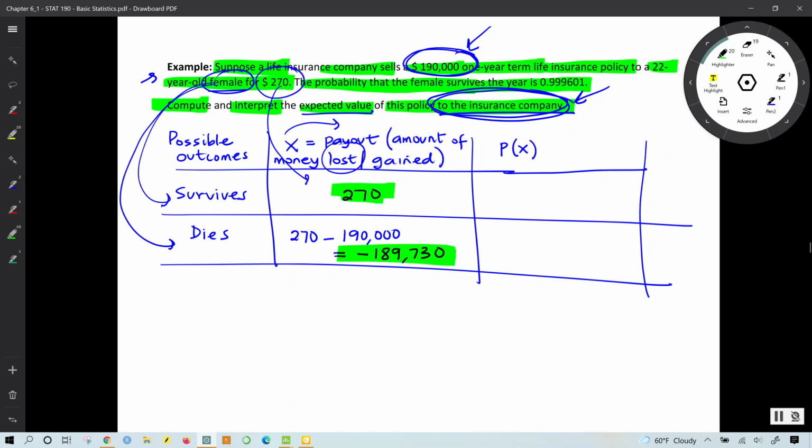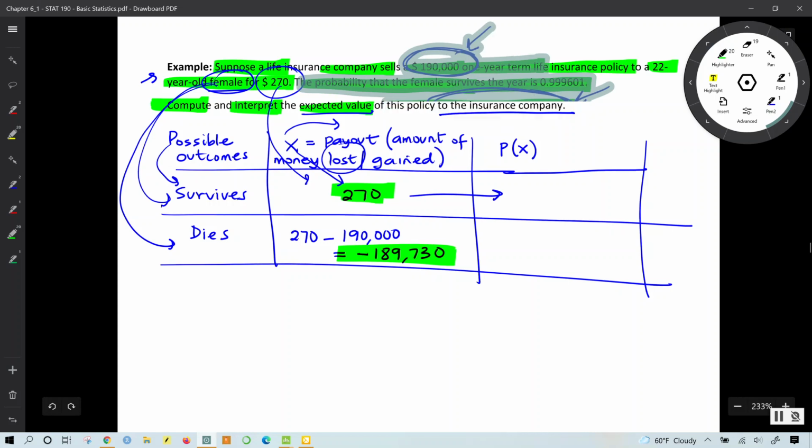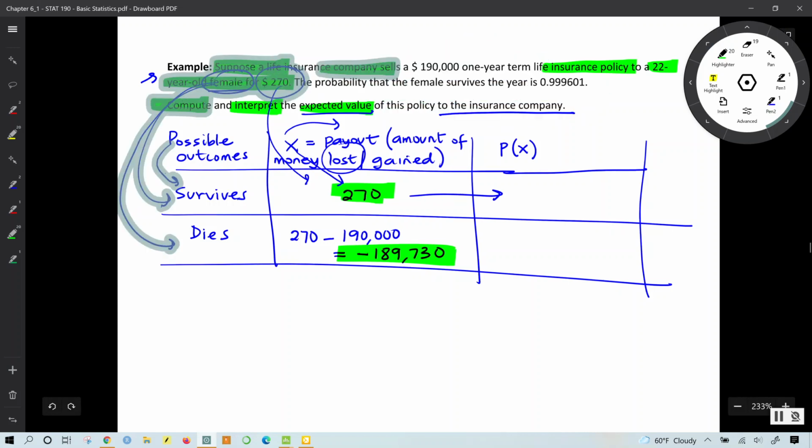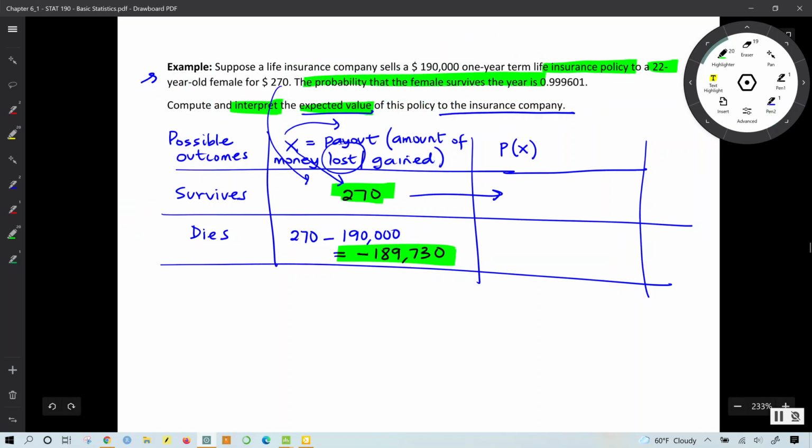So these are the possible values highlighted here. Along with this, we need to look at the respective probability that X is equal to 270, that is, this person survives. According to the question, the probability that the female survives is 0.999601. So the other probability will be 1 minus 0.999601, because the sum of all probabilities is always equal to 1.